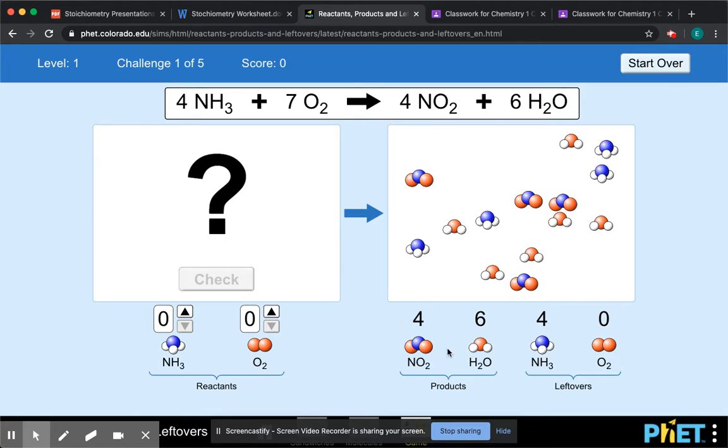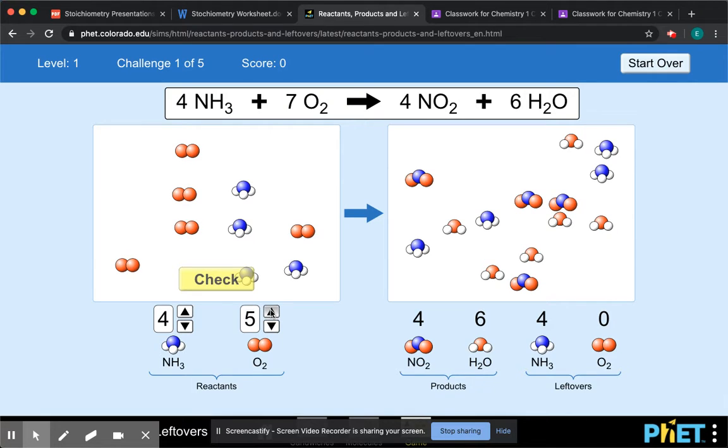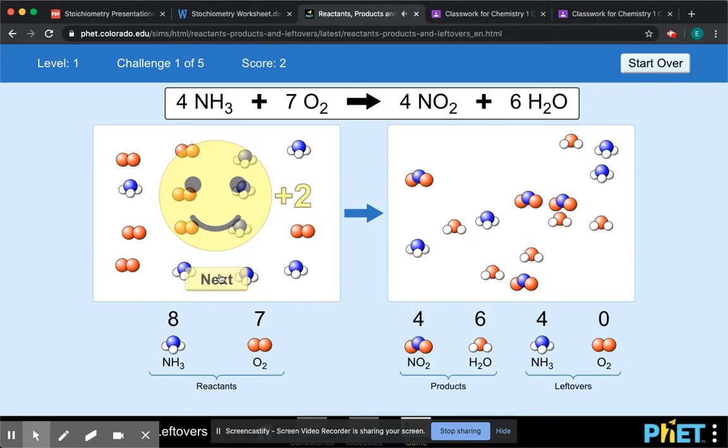To make four of these and six of these, we need four NH3s and seven O2s. That's the recipe, and that'll make the 4 and the 6. Now, it says we have 4 NH3s left over, which means we have 4 extra NH3s that we don't need. And then you hit check, and you'll see that it turns out that that's the right answer.